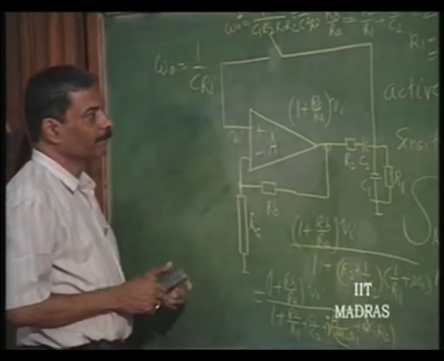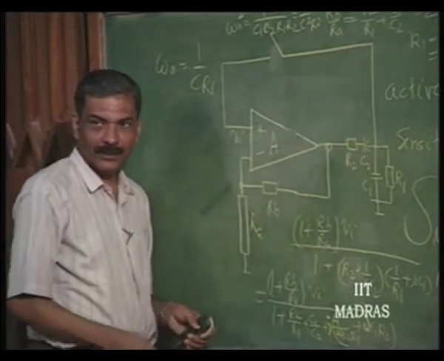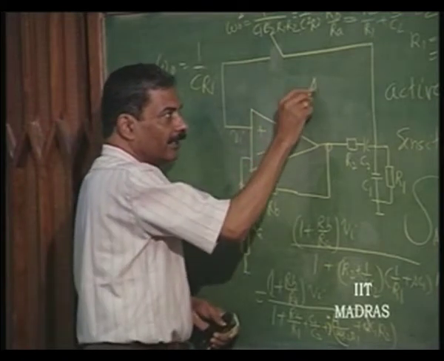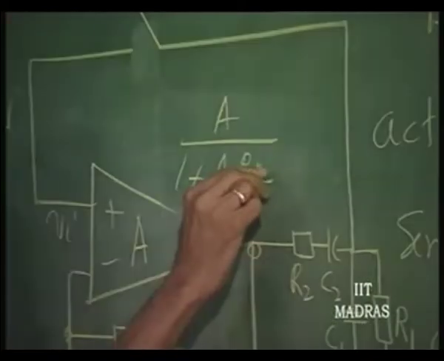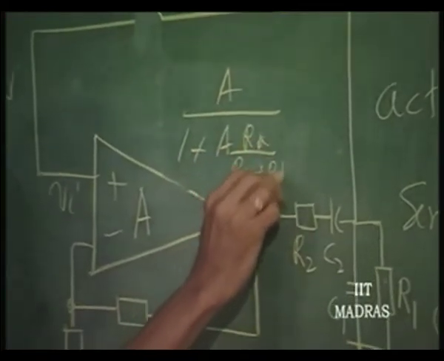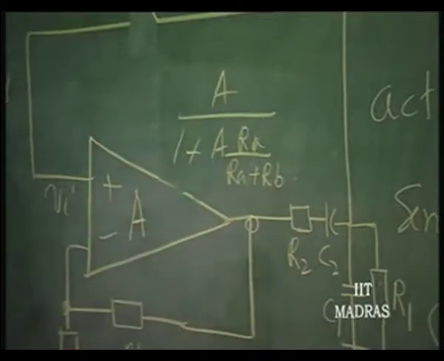So, if this is A, we had earlier derived that the gain is not this. The gain is A divided by 1 plus A into R A by R A plus R B. Do you remember this? For the non-inverting amplifier, we had derived this gain when A is not infinite: A by 1 plus A beta, beta being R A by R A plus R B. Actually, we will divide it by A beta throughout.